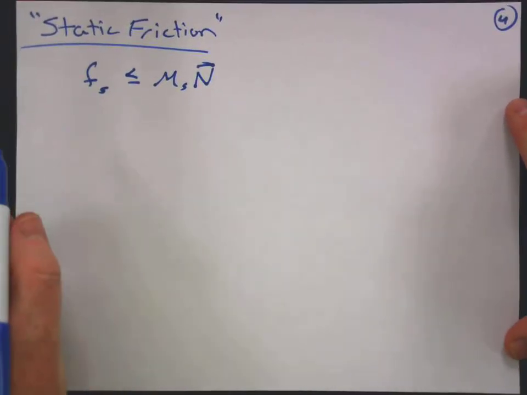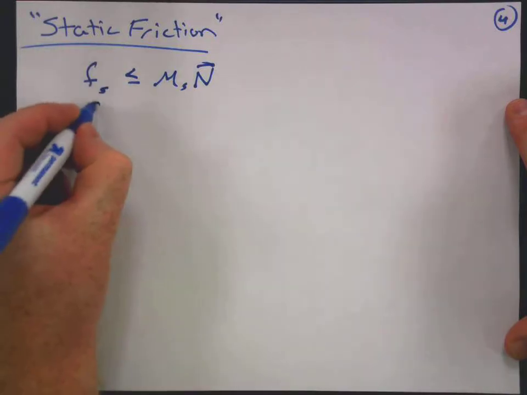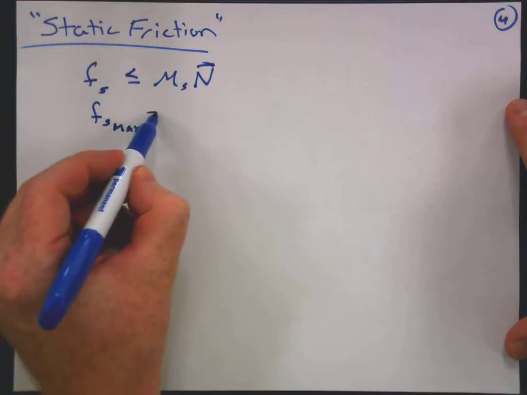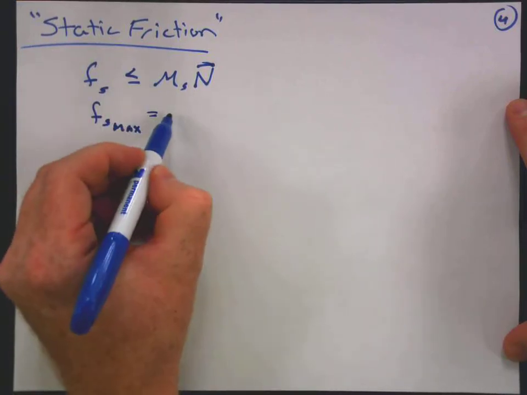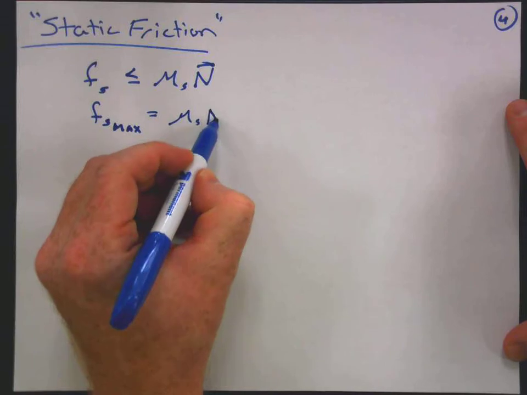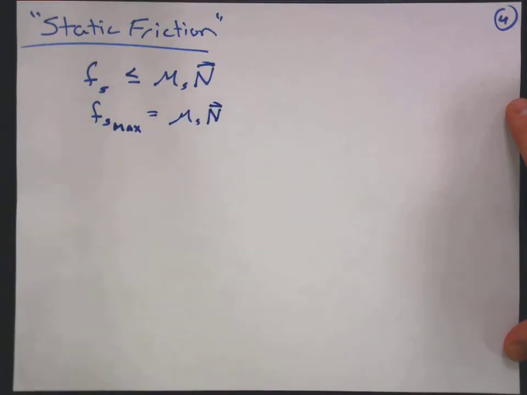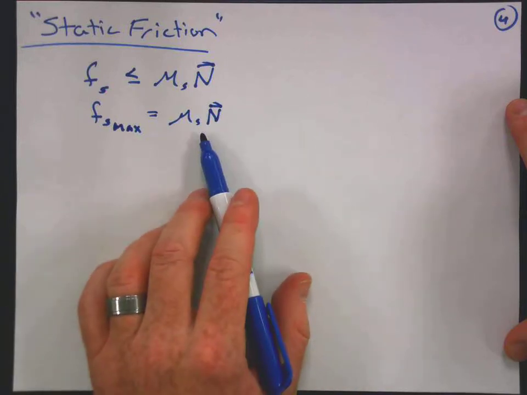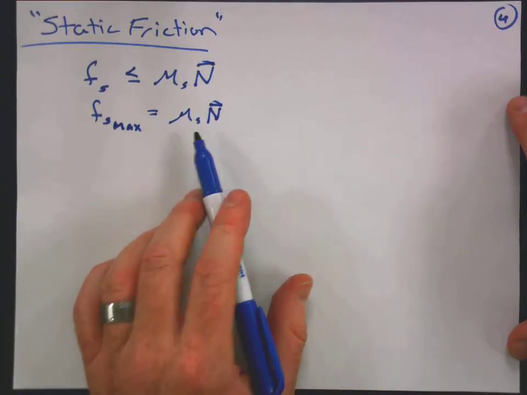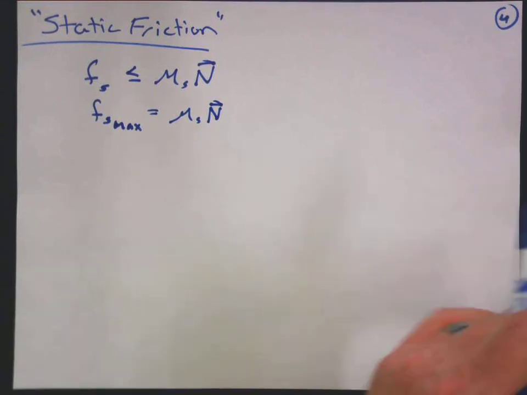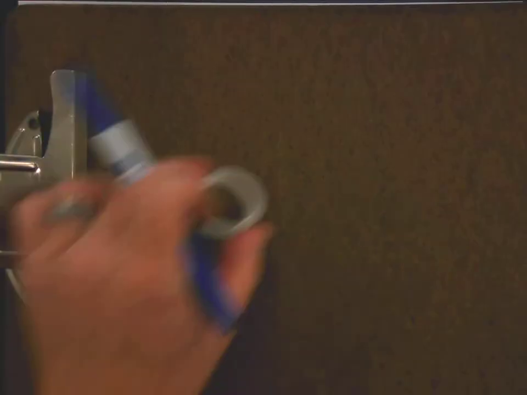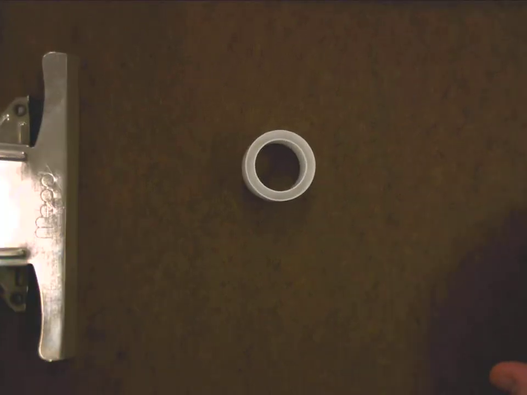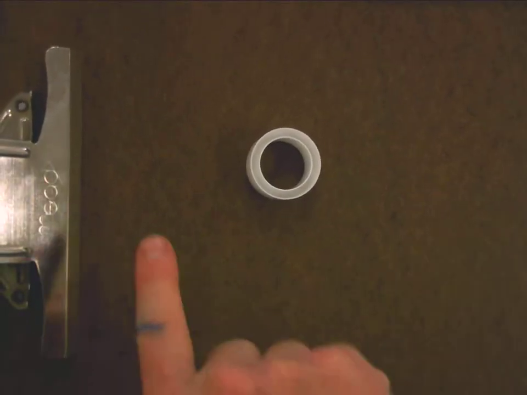But up to a maximum amount, there is a maximum static friction force possible that is equal to the coefficient of static friction times the normal force. That doesn't mean the static friction force is always at that amount. It could be less, and in fact, in this case, it is 0 with this thing flat. Just leave it there, and there's no friction force at all. If I tilt this a little bit, it would tend to slide down.